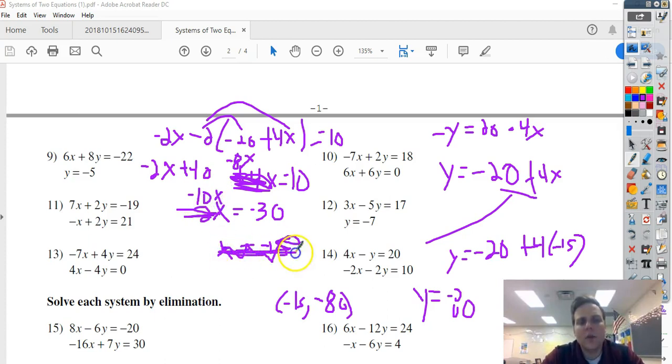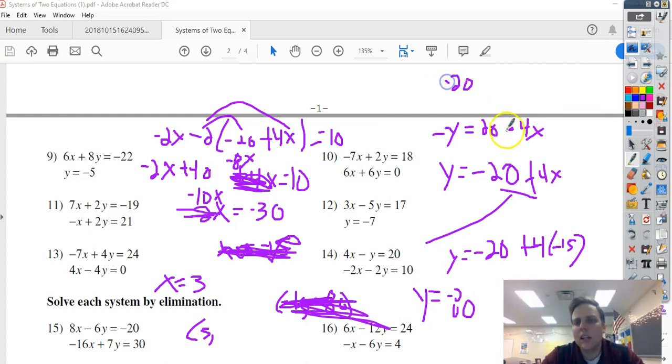So I divide both sides by negative 10 and I get that x equals 3. So that's not true. And then if x equals 3, I go back to my y equation and I get negative 20 plus 4 times 3. And that is going to be a negative 8. And that answer makes more sense. So 3 comma negative 8.